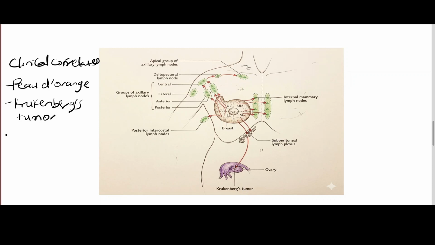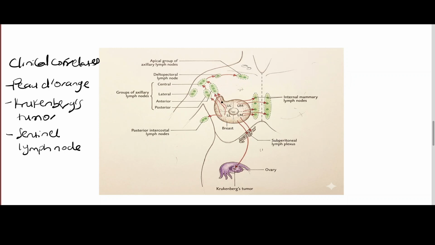Another clinical implication we'll talk about is the sentinel lymph node. The sentinel lymph node is the first lymph node to receive drainage of a tumor site, and it's usually the anterior axillary group of lymph nodes.